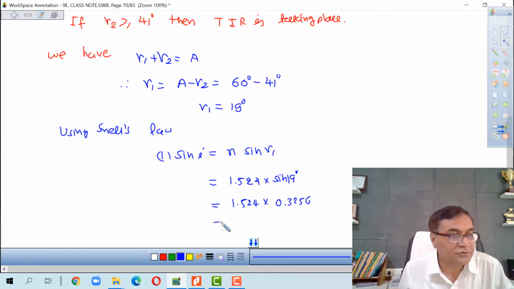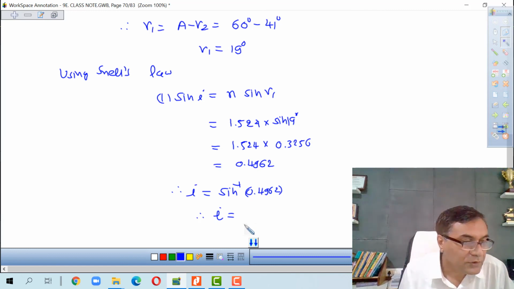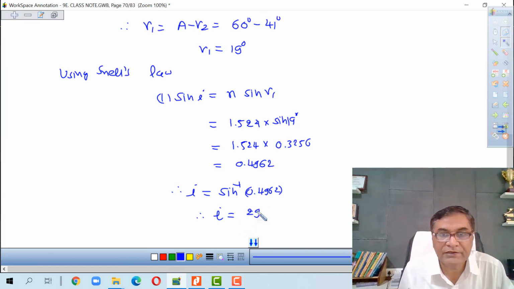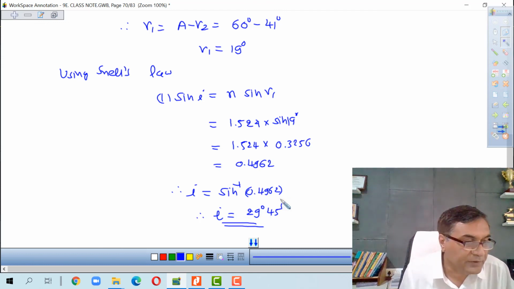So that comes out to be 0.4962, and therefore I is equal to sin inverse 0.4962, and I am getting 29 degrees 45 minutes. So this is the angle it should be for this to be possible.